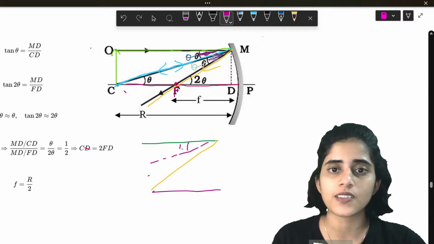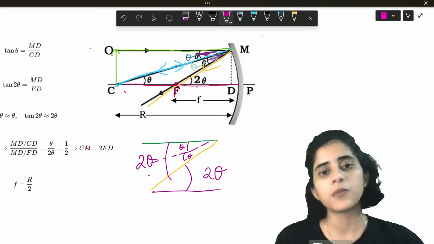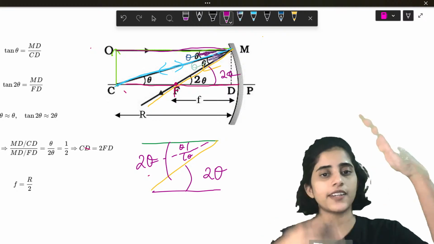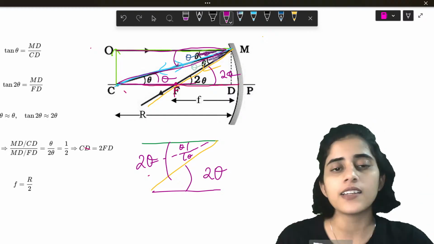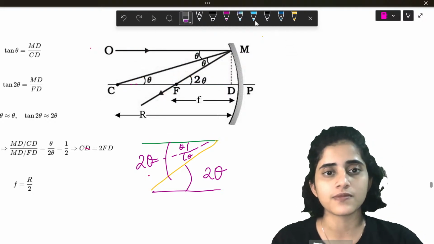Here, this is theta, this is theta. But aren't these two alternate angles? So if this whole thing is 2 theta, shouldn't this also be 2 theta? That is how this becomes 2 theta. Similarly, these two are also alternate angles, so if this is theta, this is also theta.